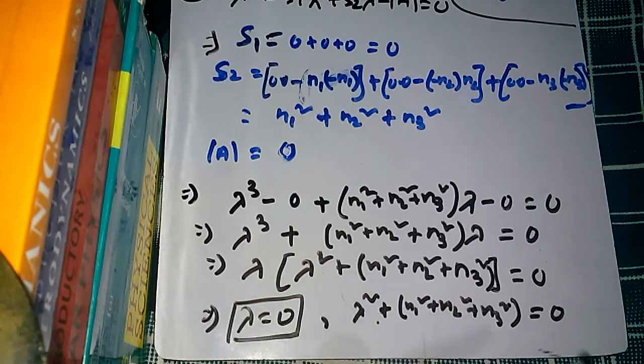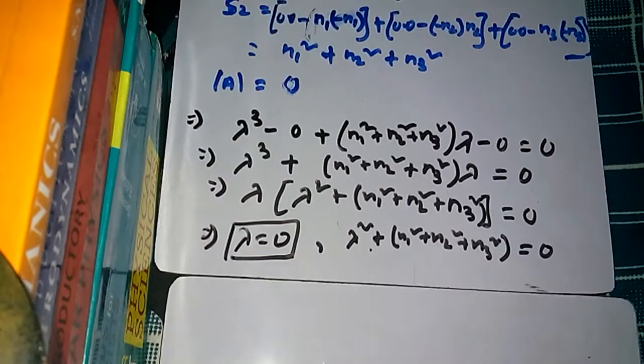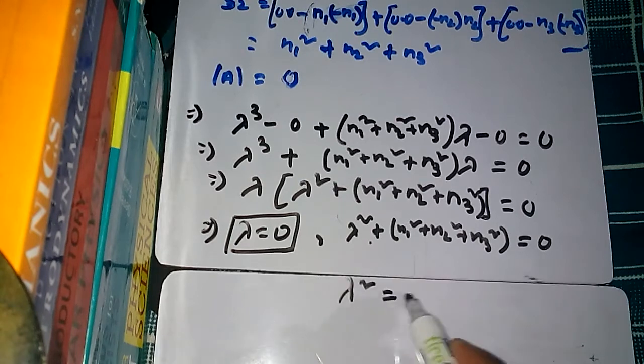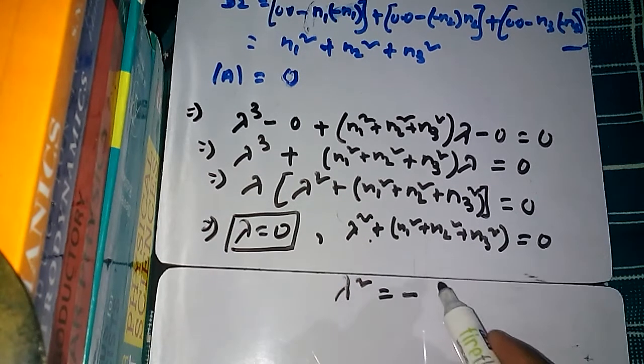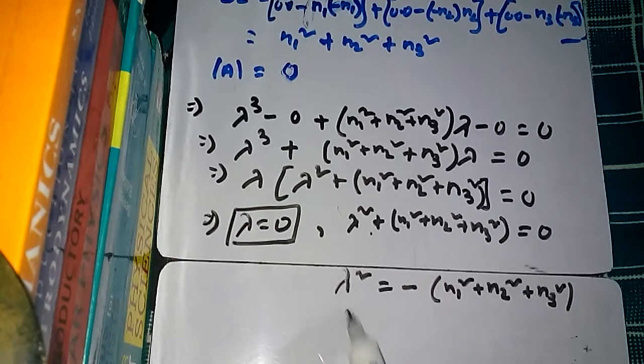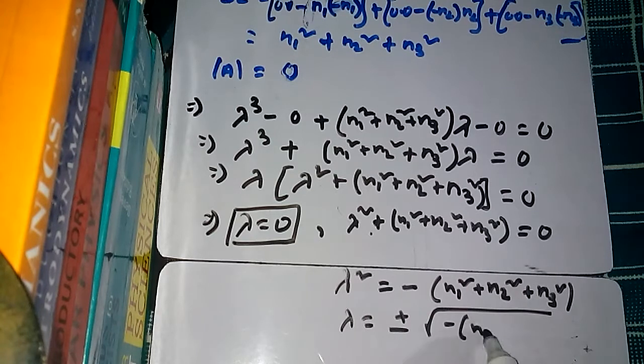Now from here, lambda square is equal to minus of n1 square plus n2 square plus n3 square. So lambda is equal to plus minus root over of minus of n1 square plus n2 square plus n3 square, obviously.